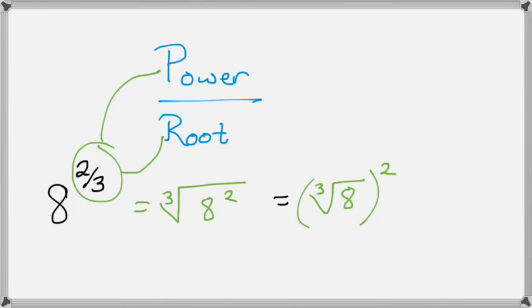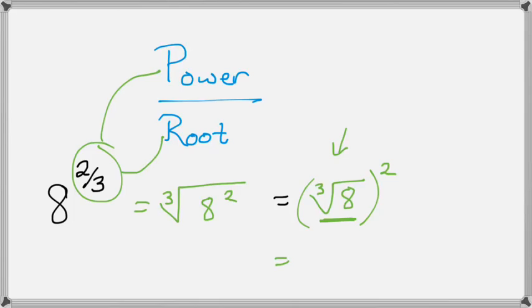The reason I write it this way is if I can simplify the cubed root of 8, it's easier to work with than squaring 8, getting 64, and then finding the cube root. It lets me work with smaller numbers. It doesn't always work to where this helps, but if it does, it's a great tool to use.